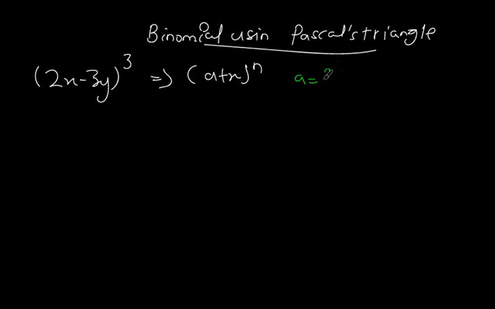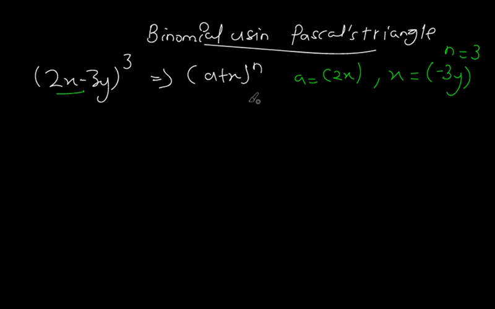Our a is 2x over here, then our x over here, comparing to the general formula, our x over there is negative 3y. Mind you, the negative sign is attached to the 3, so we carry it along. Okay, and then our n is equal to what? 3.